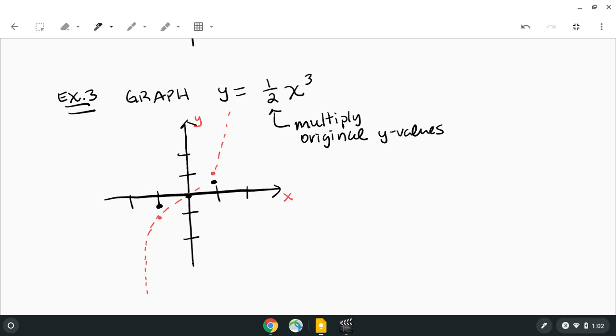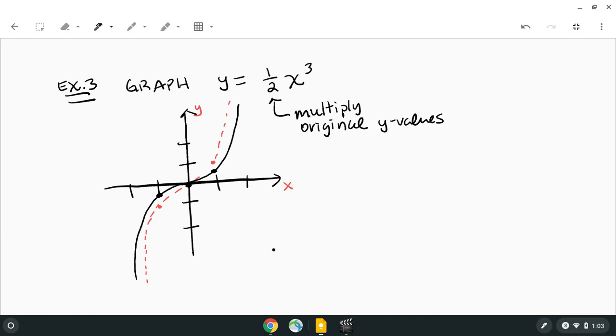This parent function, this red one that you see, the y values all get cut in half, multiplied by 1/2. So it's like this red graph gets squished. You get something like that.